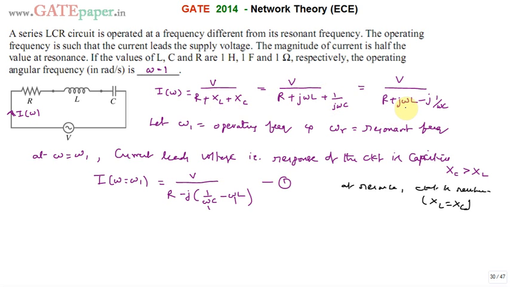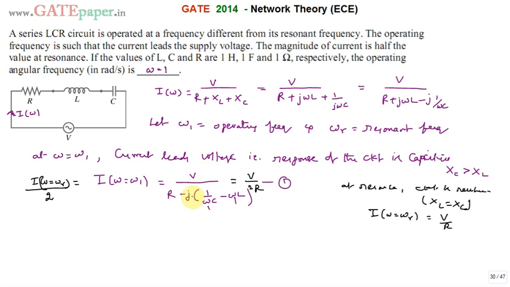So omega L is equal to 1 by omega C, so no reactive terms are present, and the circuit has only a resistance R. So I at omega equal to omega R is V by R, and it is given that I at omega equal to omega 1 is half of that at resonance. So half of I at omega R is V by 2R.